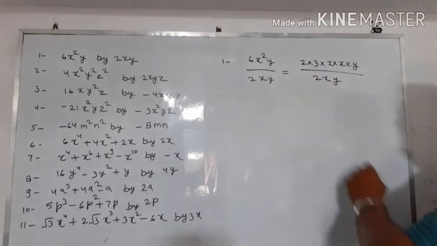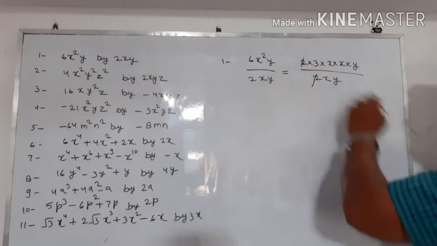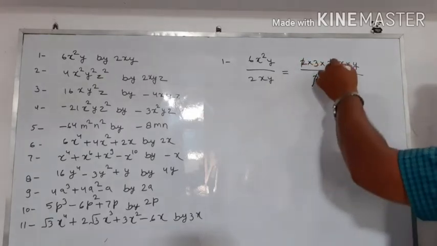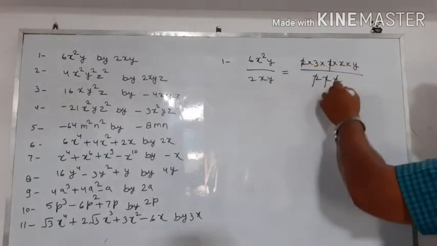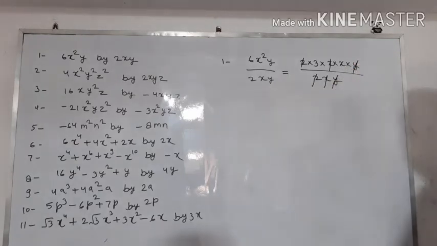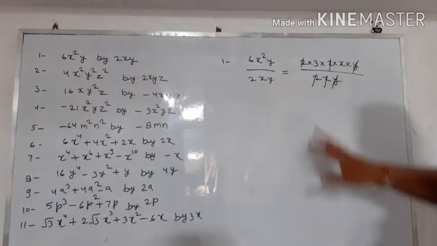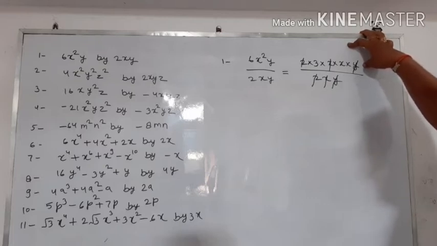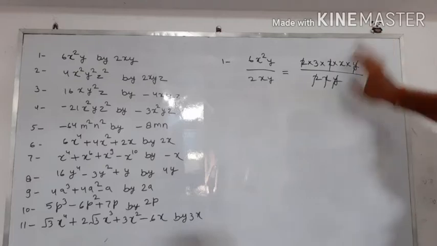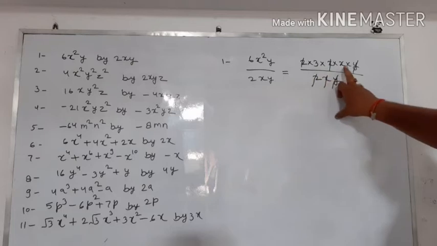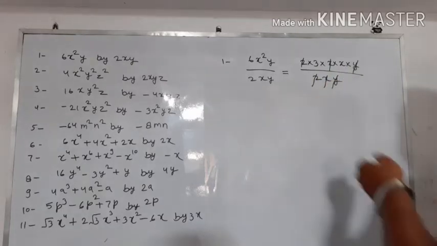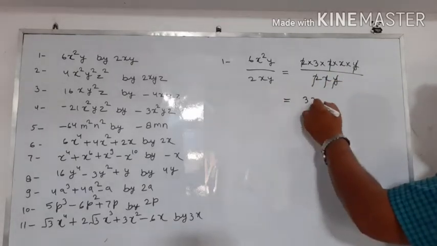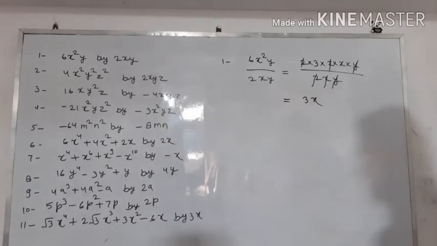So this 2 will be cancelled, 1x will cancel with 1x, and 1y will cancel with 1y. Now we left nothing in the denominator, but we left something in the numerator. That will be our quotient. We left 3 and x, so 3x will be our answer for the first question. This way we will solve.